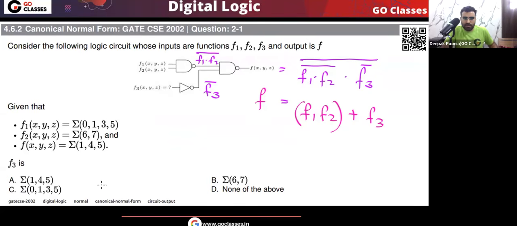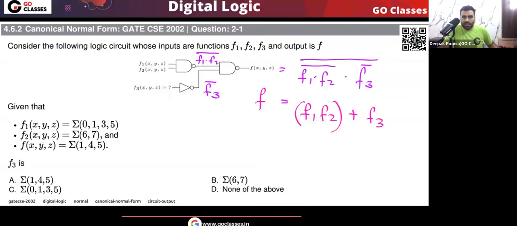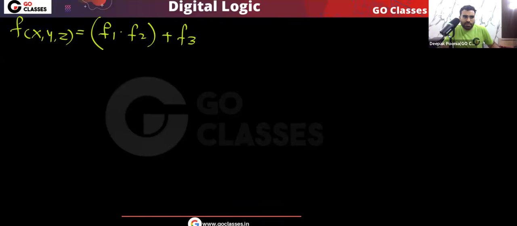We have f equal to f1 f2 or f3. Let me write it here. Remember, all the functions are over three variables x, y, z. And f is basically f1 and f2 or f3. Here you can see the expressions are given to you. What is f1?